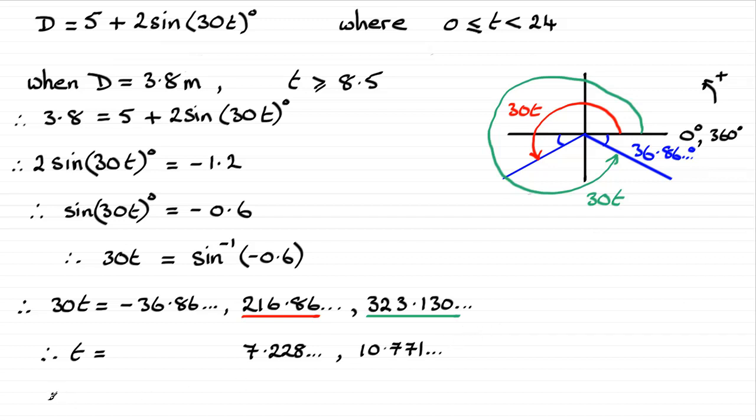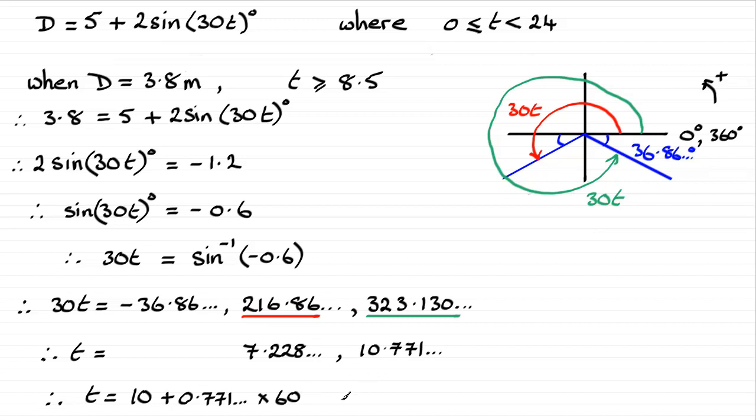And so we need to convert it into hours and minutes. So it's going to be clearly 10 hours, 10 a.m., and then for the 0.771 you just need to do, in fact, let's just put plus 0.771 multiplied by 60 there, to convert it into minutes.